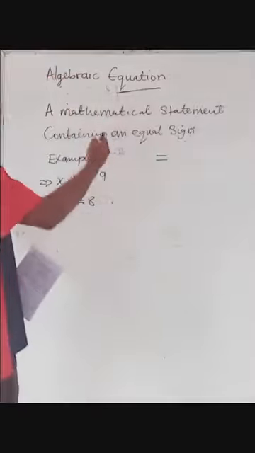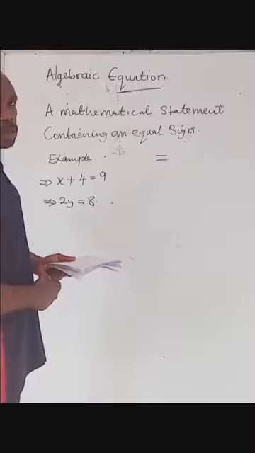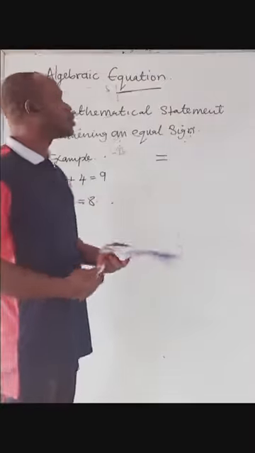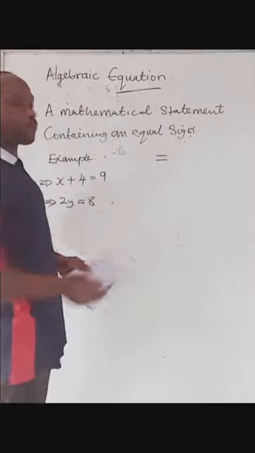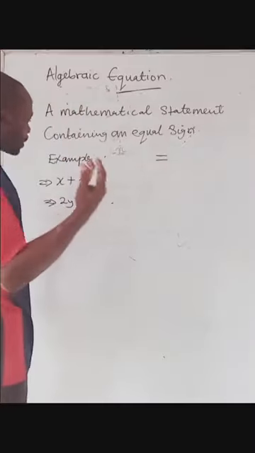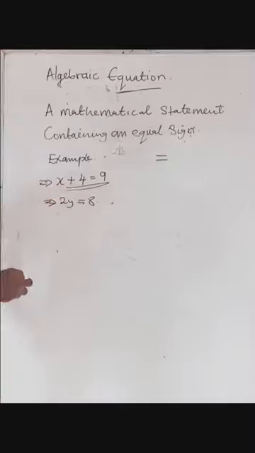But in this case, we are learning about algebra. So any algebraic expression that contains an equal sign is referred to as an algebraic equation. Example, x plus 4 is equal to 9 is an algebraic equation.